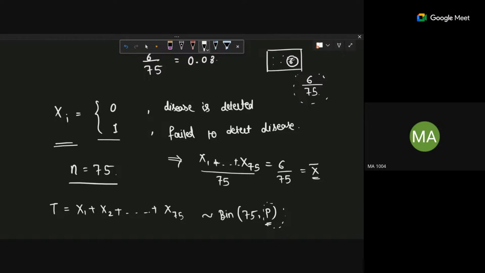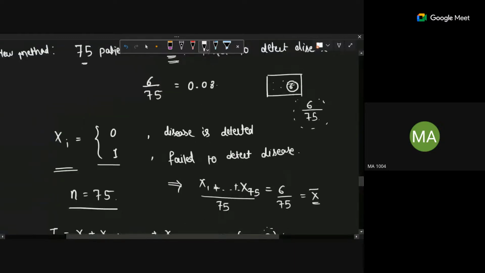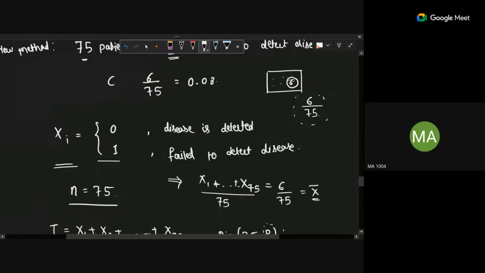So someone asked me what the value C is. It is a kind of value for X bar. What the critical value is: the critical value is a kind of sample mean. If your sample mean is 0.08, this is your critical value for the sample mean.